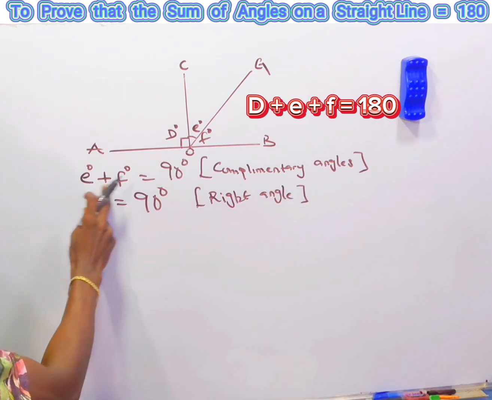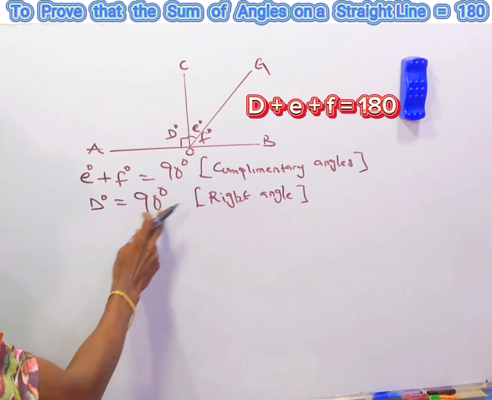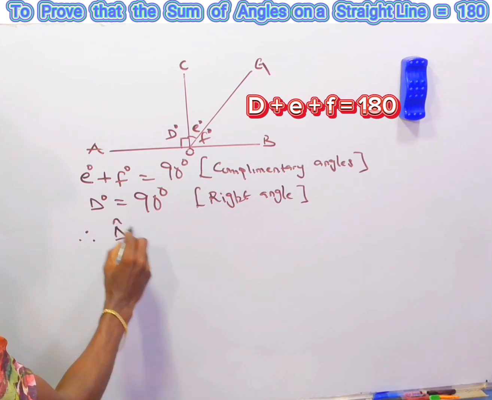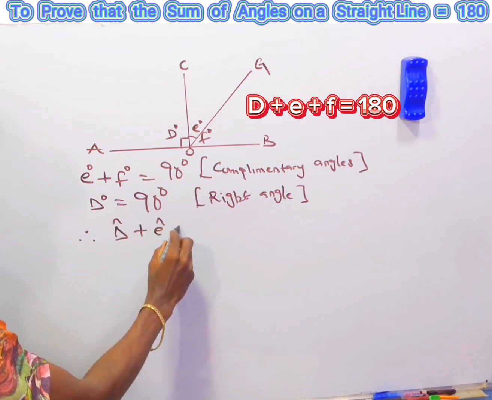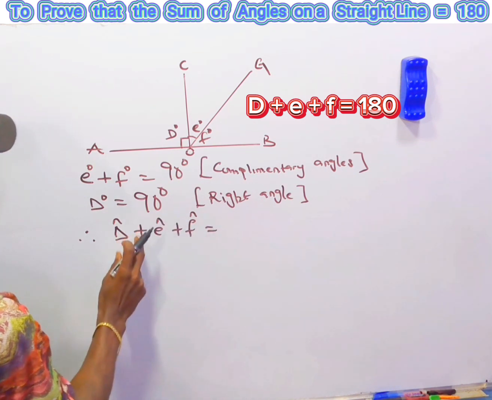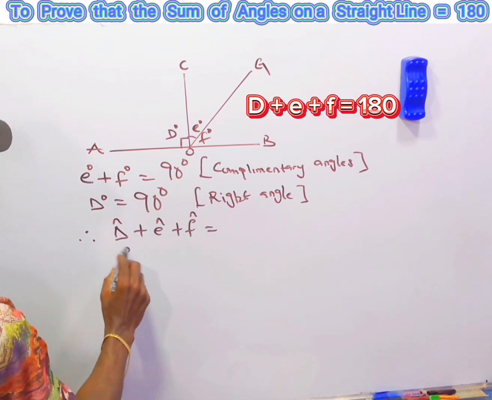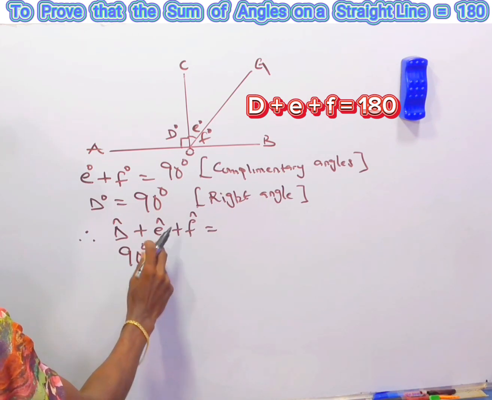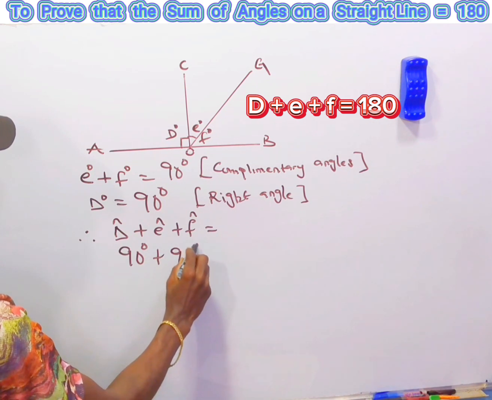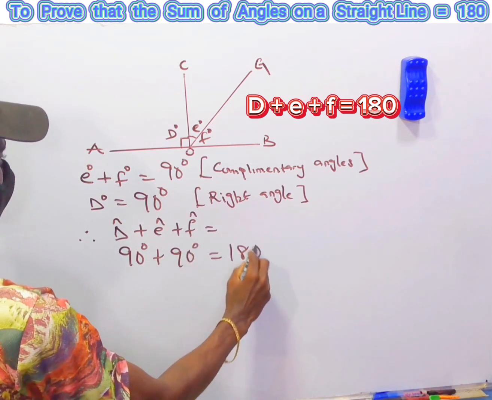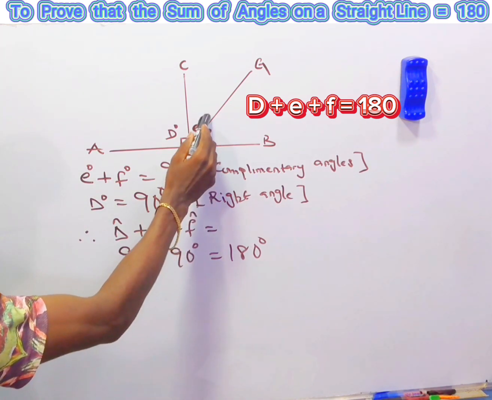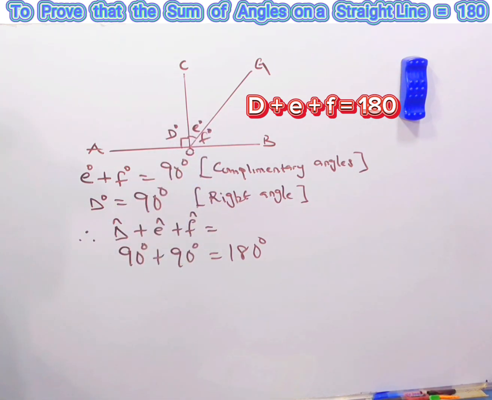Now if angle E plus F is 90 degrees and angle D is also 90 degrees, therefore angle D plus angle E plus angle F will be: angle D is 90 degrees, angle E plus F is also 90 degrees. We'll have it as what? 180 degrees. So when we sum up this, and this, we get 180 degrees.